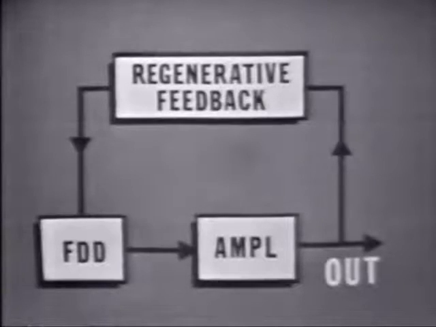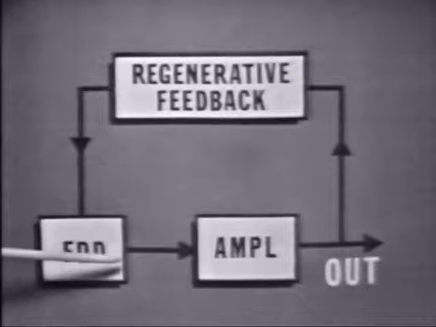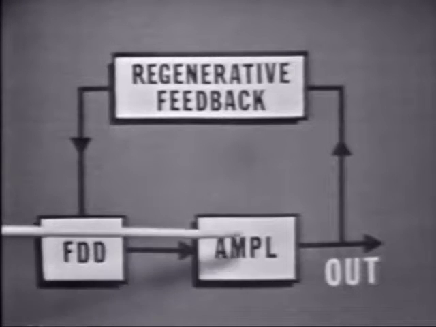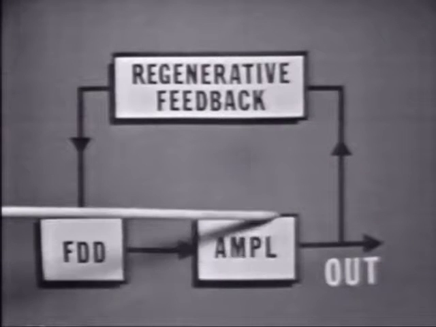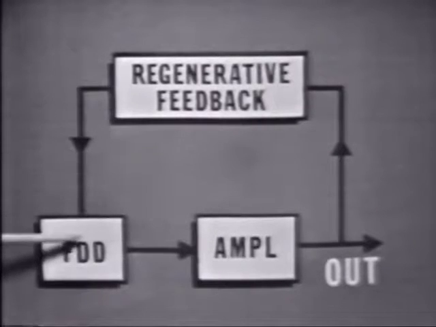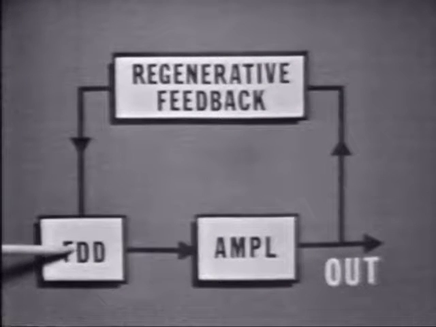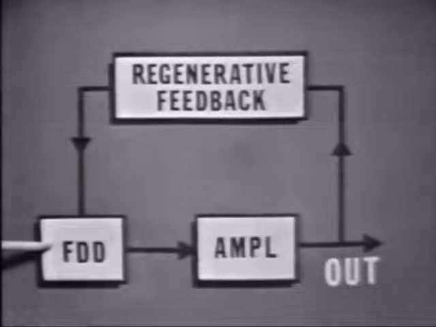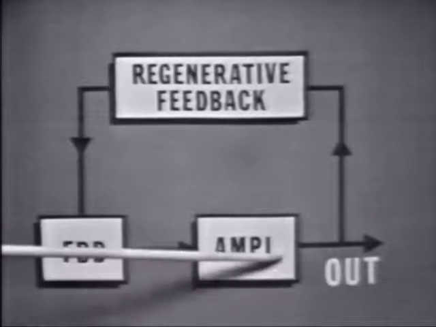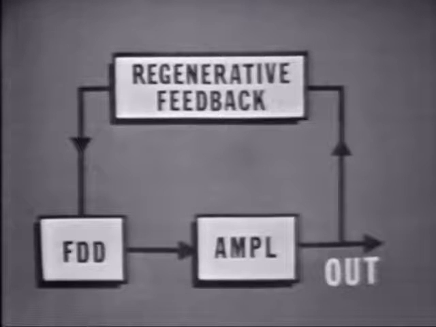Now, the way this is usually accomplished is through an amplifier. The frequency determining device provides an input to the amplifier. The amplifier must provide enough gain so that part of the output can be fed back to the input LC circuit to sustain oscillations, and of course, provide enough signal for an output. Now, the energy must be fed back in phase or regenerative.